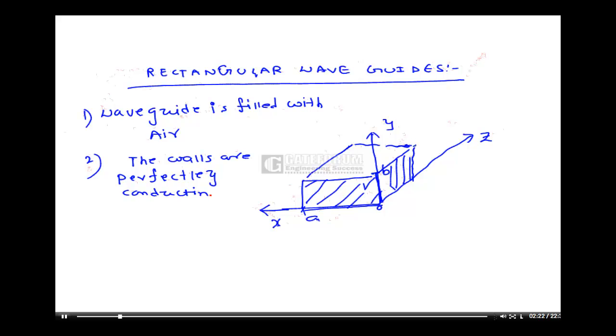So these are the two assumptions we are making for the analysis. Here I am not going for the entire derivation of a waveguide. I am mentioning only some important equations which are useful to our study, particularly from the GATE examination point of view.